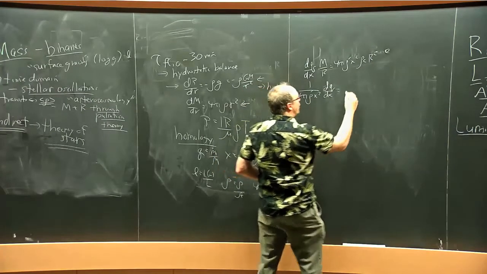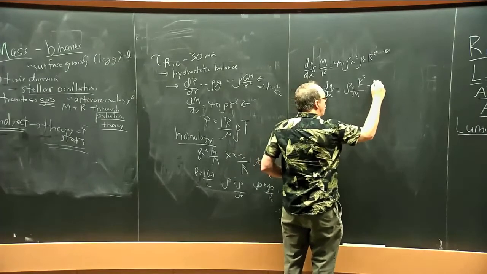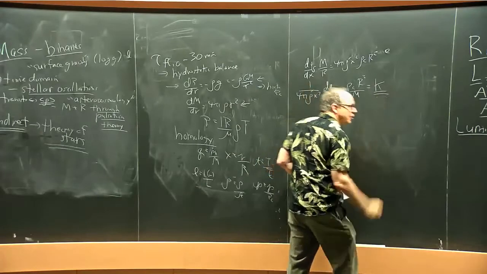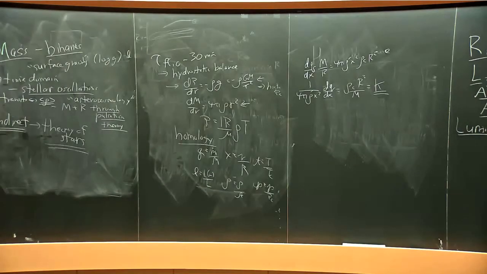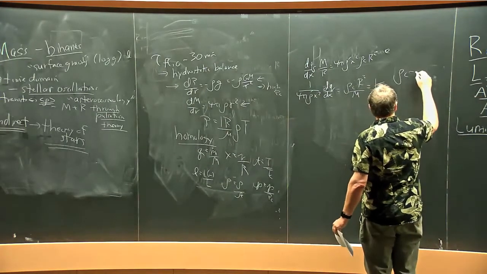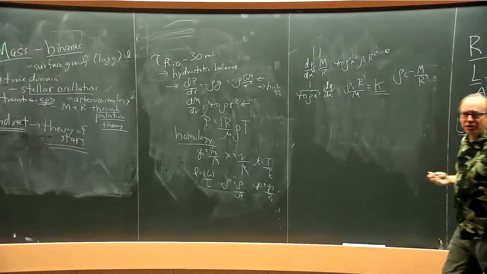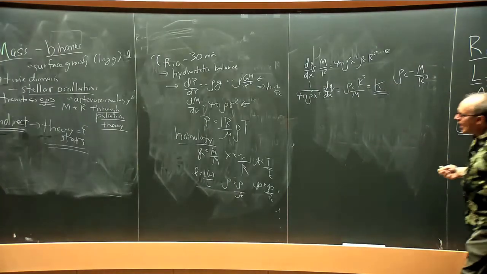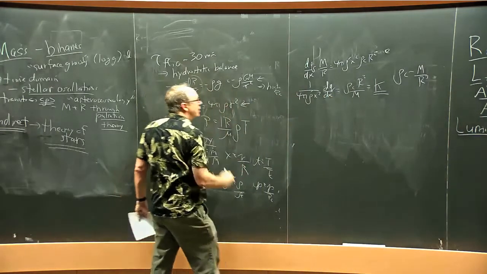And this is then going to be equal to rho_c R cubed over M, which is going to be a constant under the assumption of homology. Now this at some level gives you a dimensional argument, which is sensible, which says basically that the central density ought to scale as the mass over the radius cubed. That's dimensionally sensible.